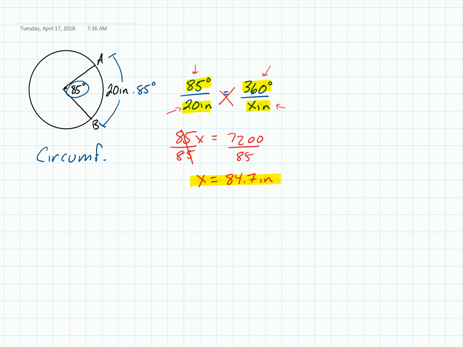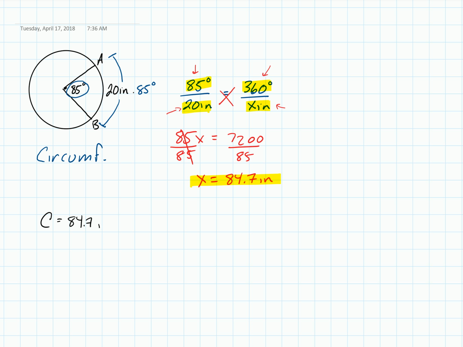The two word problems at the end, 13 and 14, are very similar to the unicycle problem that we worked on in class. Just remember that for every revolution, the circle travels the circumference. So for example, in this problem, we found that the circumference was 84.7.